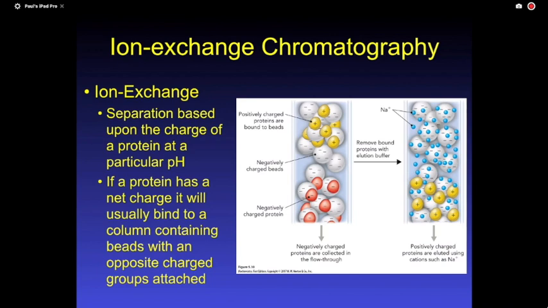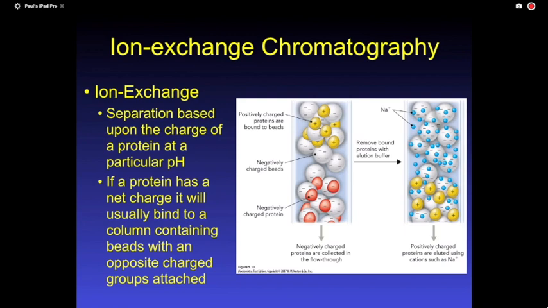Depending upon if it's a really strong charge or a very weak charge, will allow you to have a little bit more control about how separations occur. And you buy different kinds of beads, a strong ion exchange bead or a weak ion exchange bead, meaning basically a strong acid or base, a strong charge, or a weaker one.